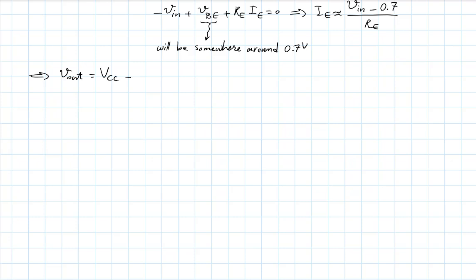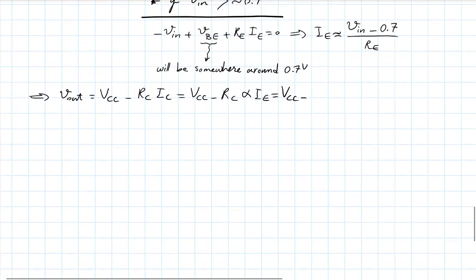VCC minus RCIC, which is VCC minus RC, and IC is some alpha, which is almost 1 times IE. So this is VCC minus, now I'll just simply replace.